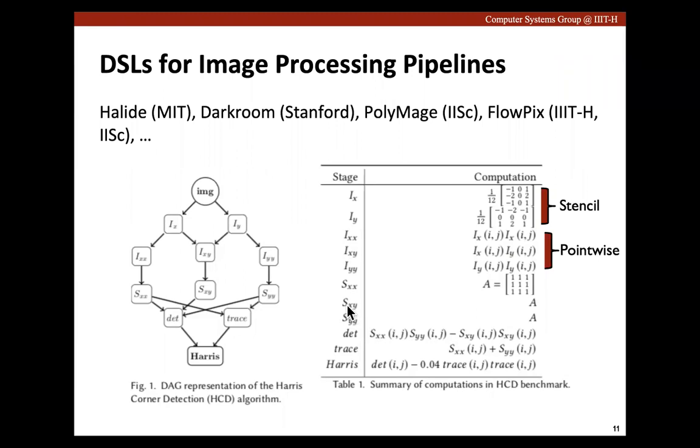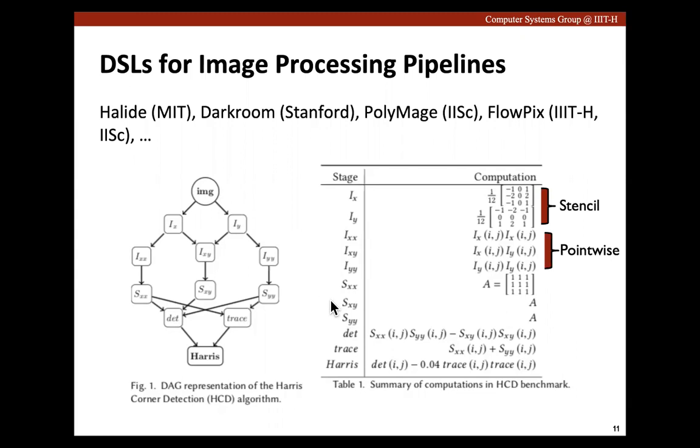So if you have to express this HCD algorithm and write HLS code for it straight, while it is possible, it's going to take a good amount of effort in setting up the right dataflow structure and getting good performance out of it, and so on and so forth.